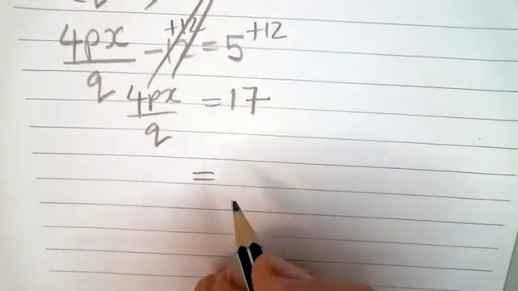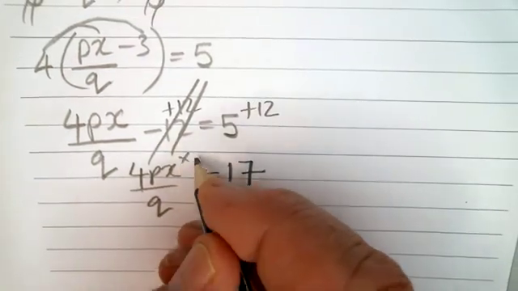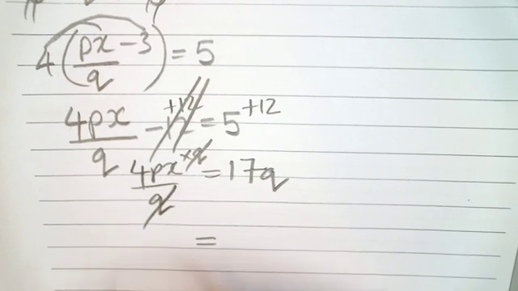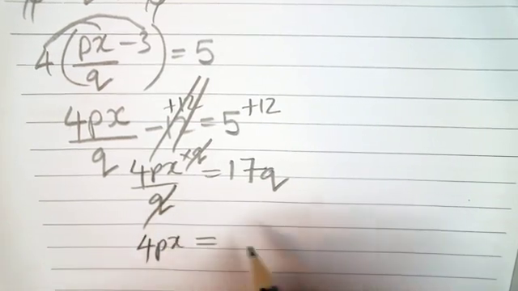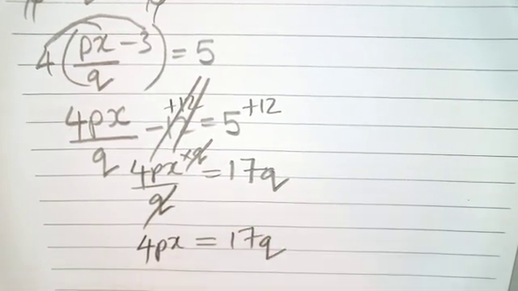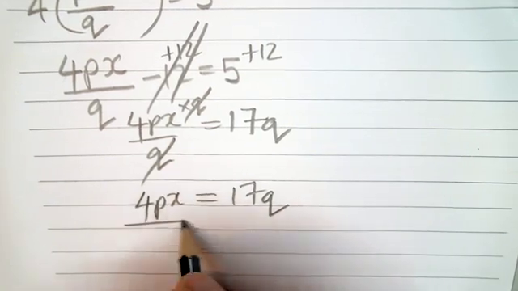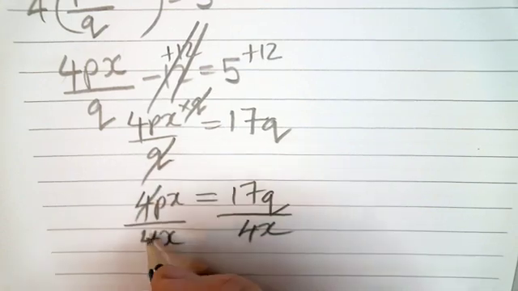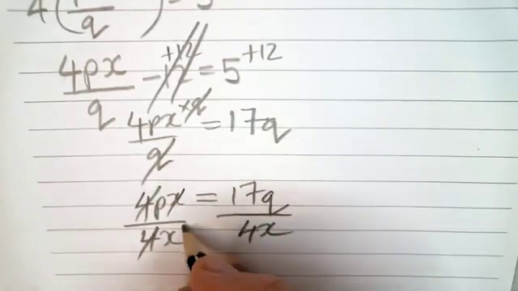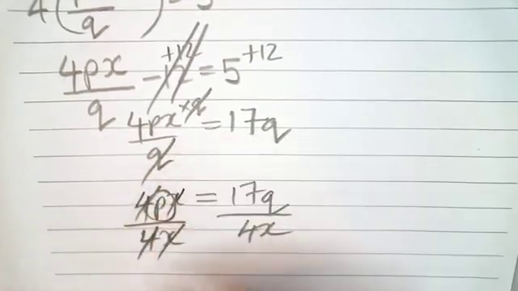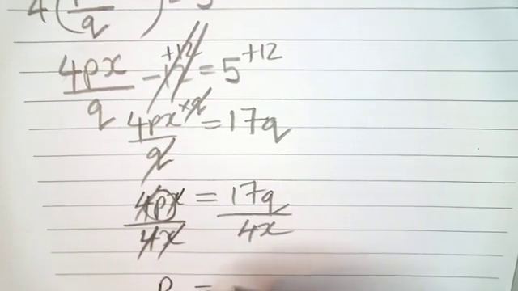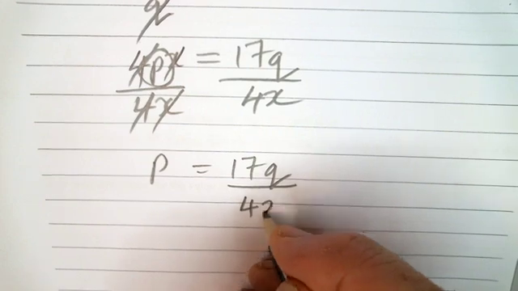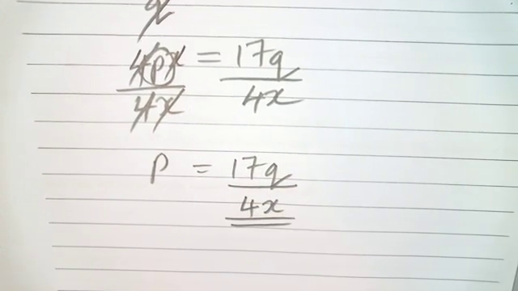Keeping equals under each other this time, I'm going to multiply both sides by q, and q divided by q is 1, leaving me with 4px is equal to 17q. Now I'm just going to divide both sides by 4x. 4 divided by 4 is 1, x divided by x is 1, leaving me with p. p is 17q on 4x. And there is my solution.